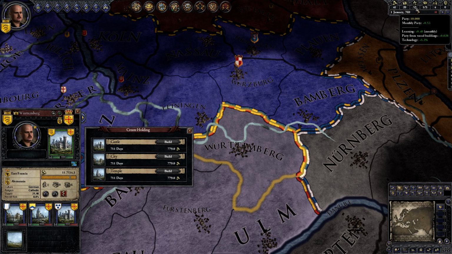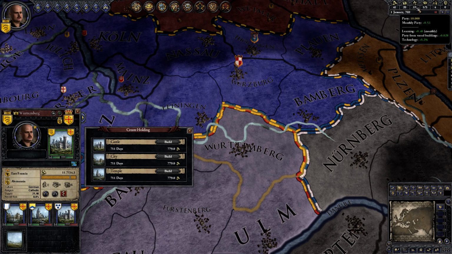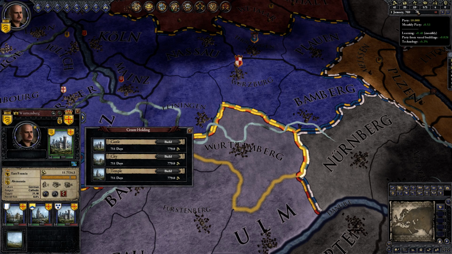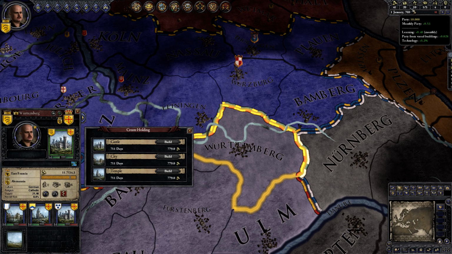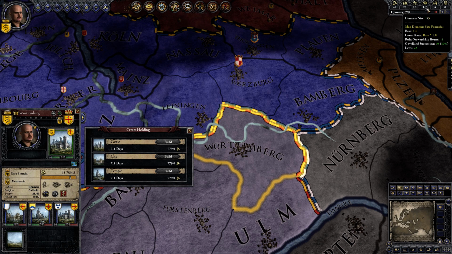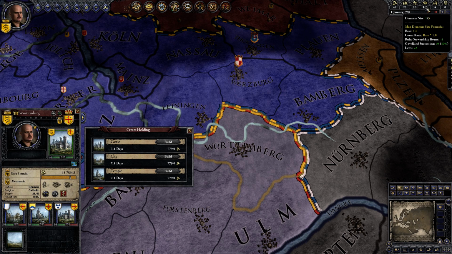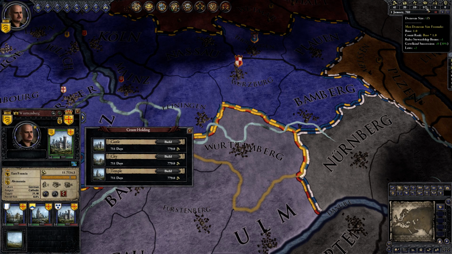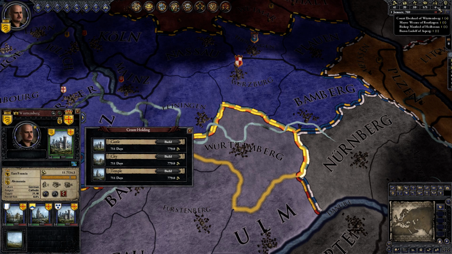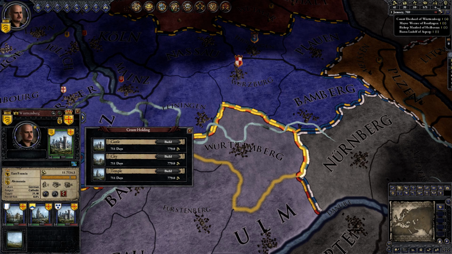You have piety, which shows you how faithful you are, and all those are basically currencies that you can use in various ways. You have a domain size, which shows you how many holdings you can hold directly yourself without getting any penalties, and this is the number of holdings under your control, directly or indirectly.